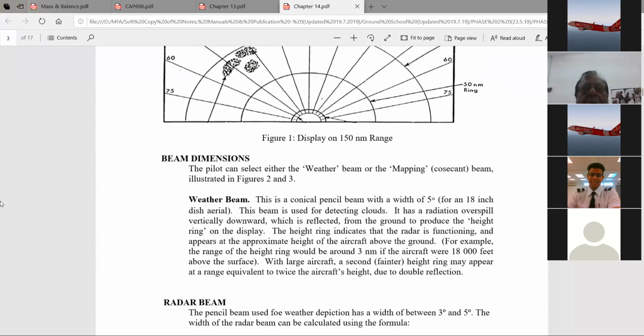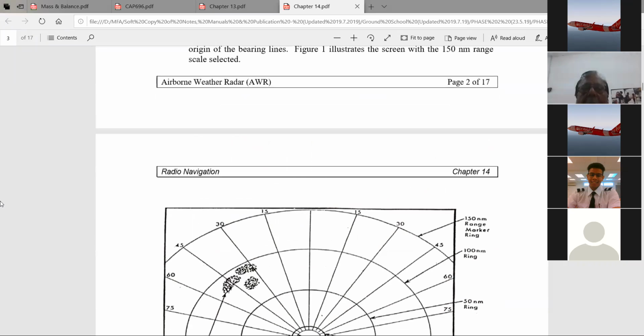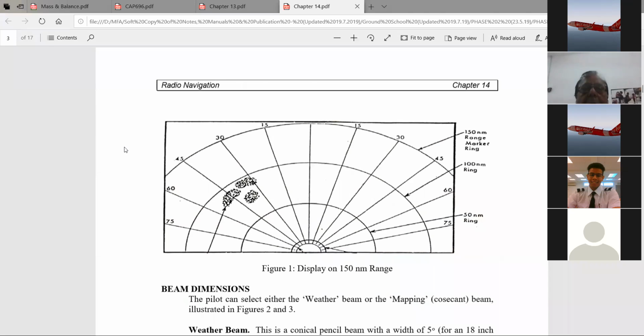Now this is how the weather radar screen looks. This is, as I said, the antenna or the aerial installed in the nose of the aircraft, displaying 90 degrees either side of the main heading or the fore-and-aft axis of the aircraft.